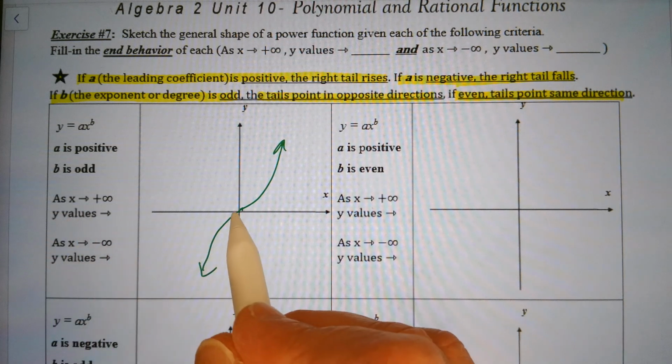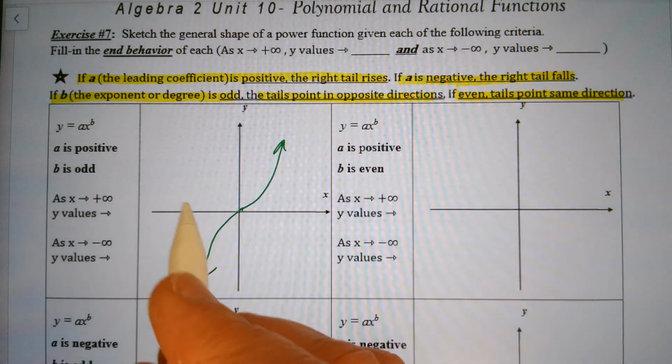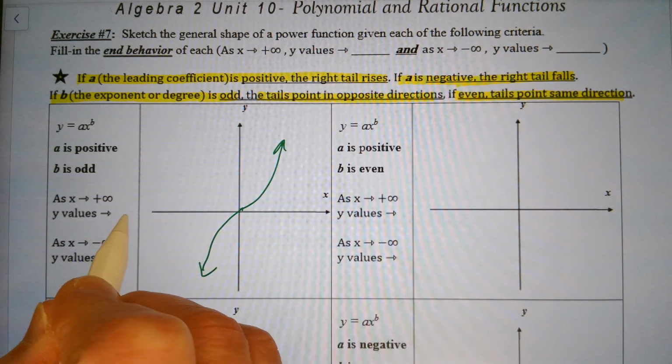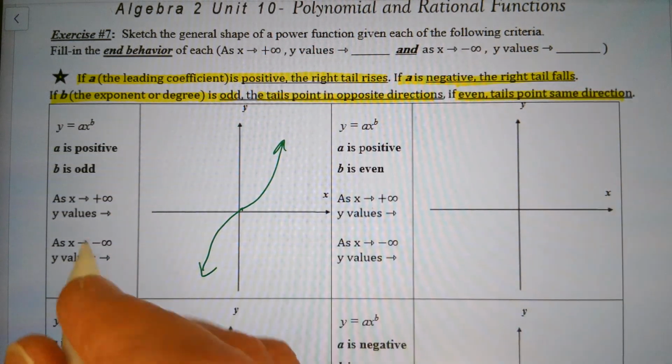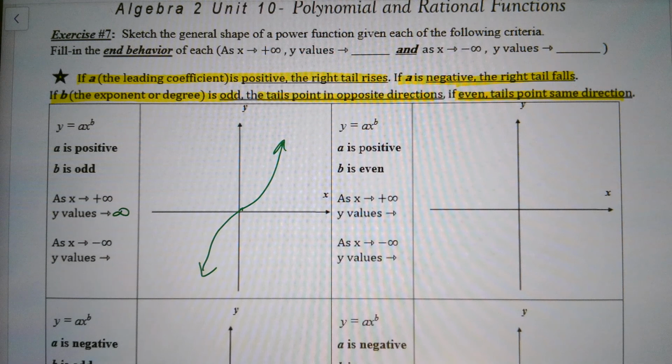As x goes to positive infinity, y is also going up to positive infinity here. As x goes to negative infinity, we're going off this way. As x goes to negative infinity, y goes to negative infinity.